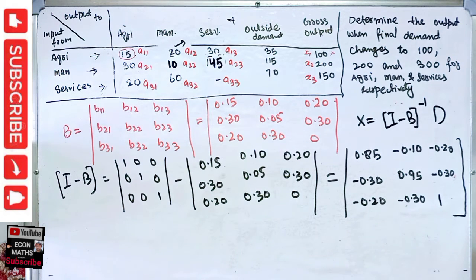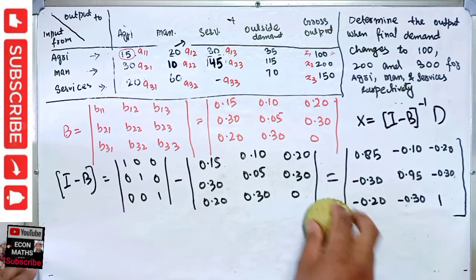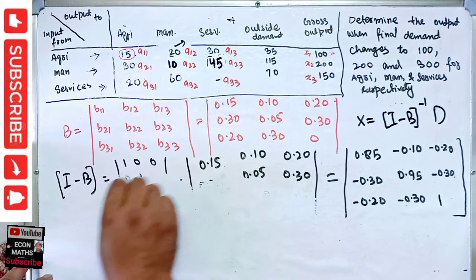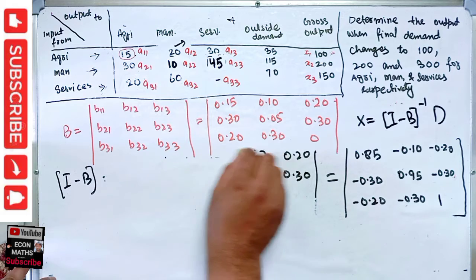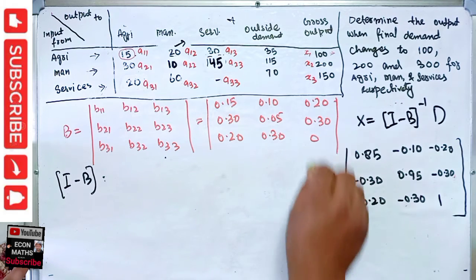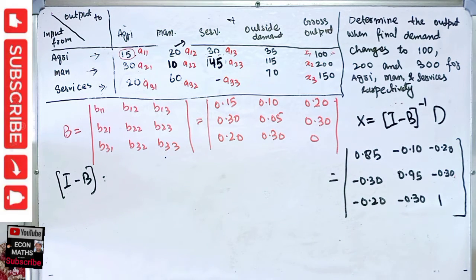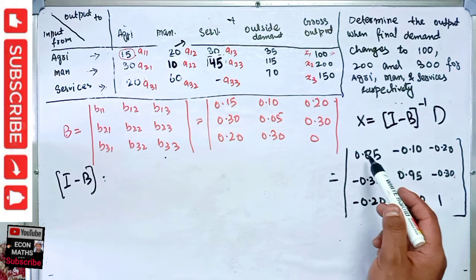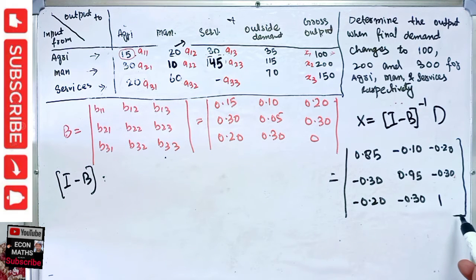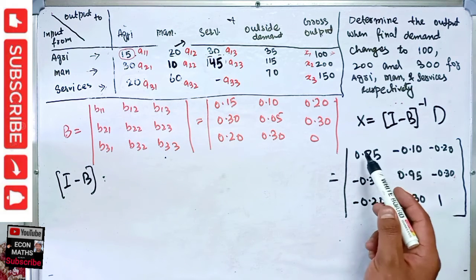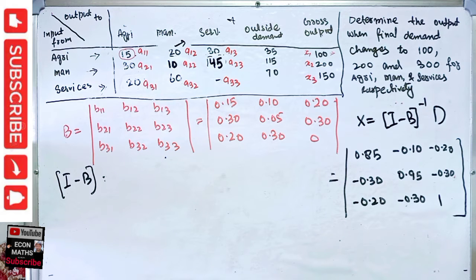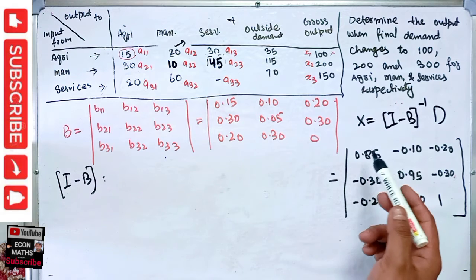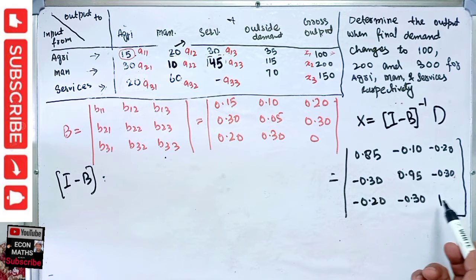So I will rub this out. Now to get the feasible solution, we have to satisfy some conditions. These conditions are something like this. We should get the numbers on the principal diagonal as positive. This is the first condition, that is, the elements in the principal diagonal should be positive.